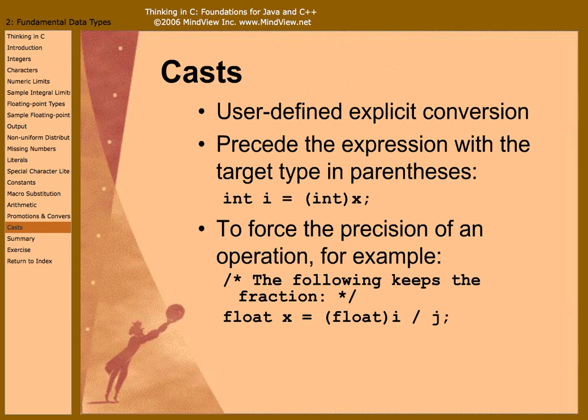By putting a float cast on either one of those integers, that's enough to let the compiler know that for the purposes of this operation, i should be converted to a float. Of course, that will in turn cause j to be converted to a float because, as we said earlier, both sides are balanced.